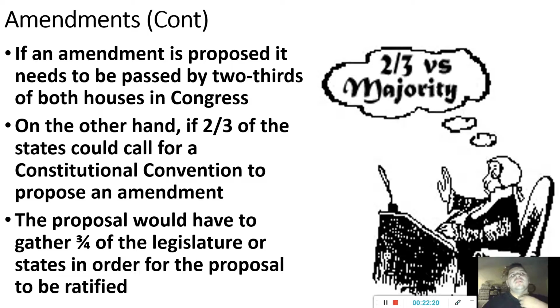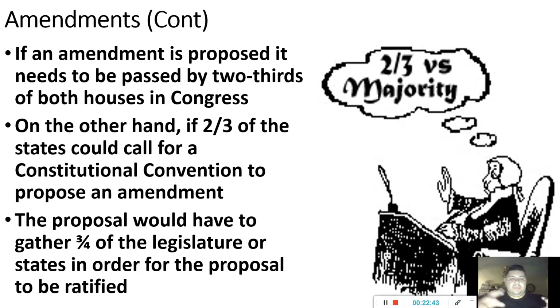Right now, we have 50 states. That would be 33 states that would have to say yes, we want this law. Now, in order for a state to say yeah, we're voting for that, three-quarters of the state has to vote for it.